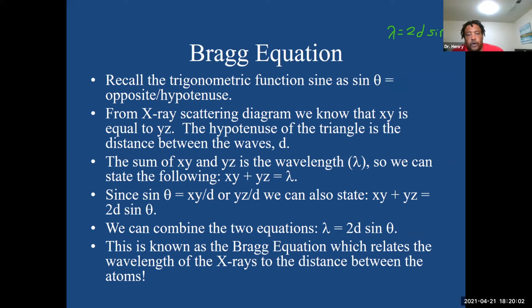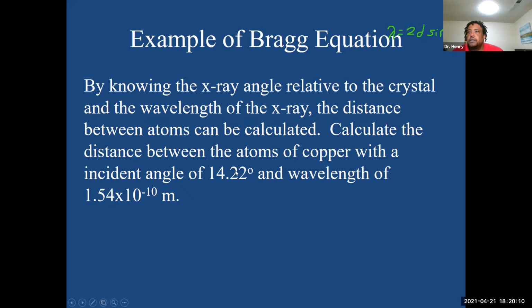Okay, so how can we use this? An example of us using it is by knowing the X-ray angle relative to the crystal and the wavelength of the X-ray, the distance between the atoms can be calculated. Calculate the distance between the atoms of copper with an incident angle of 14.22 degrees and a wavelength of 1.54 times 10 to the minus 10 meters. What am I going to do?